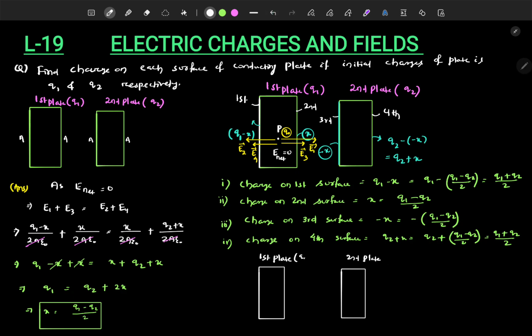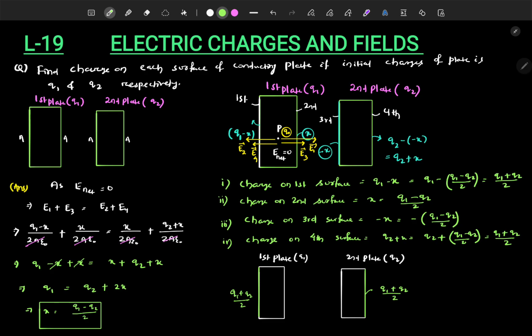So how to write the charge distribution? Remember this thing: on the first surface and the fourth surface, simply we can write the charge is (q1 plus q2) by 2, on both.